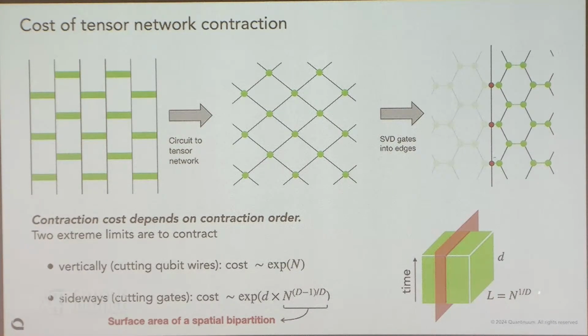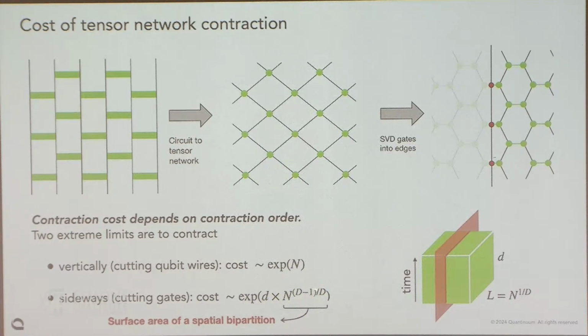And the length is just the number of qubits to the 1 over the number of spatial dimensions. So if you then just count up this times this, what you end up finding is that you get a cost that should be exponential in d times n to the (d minus 1) over d.